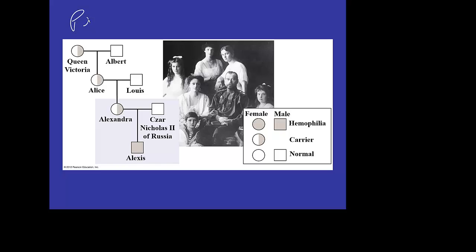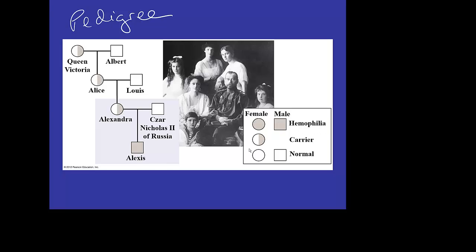Again, here setting up a pedigree. We talked about these before, to track family histories, and in this case, looking at the royal family of Russia and looking at the idea that the colored in squares and circles, remember circles female, squares male, the colored in ones would have expressed the trait of hemophilia.